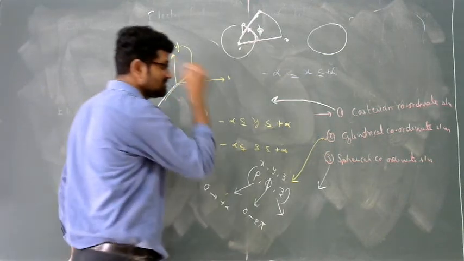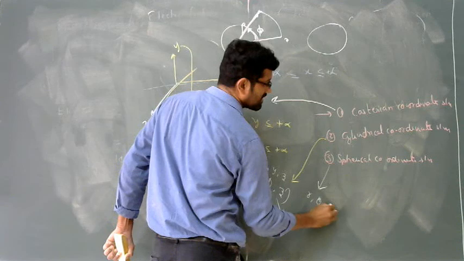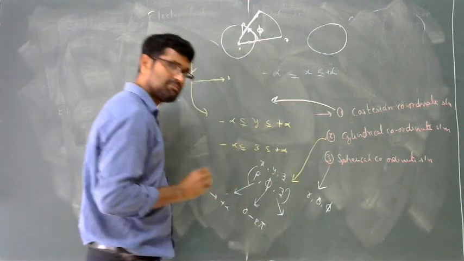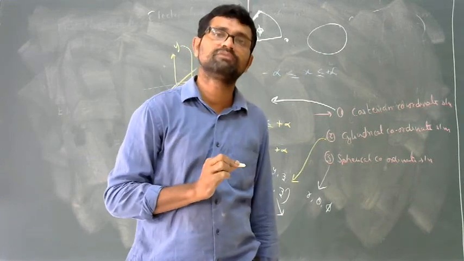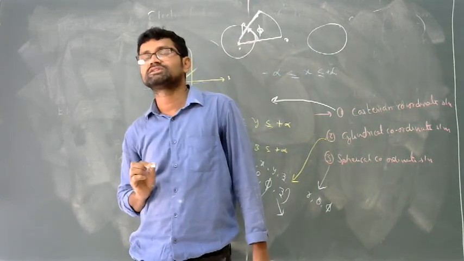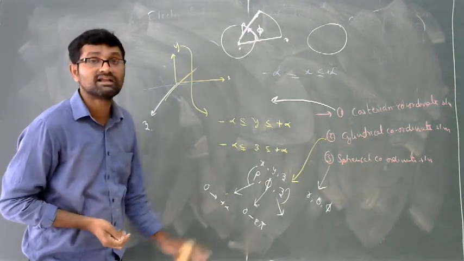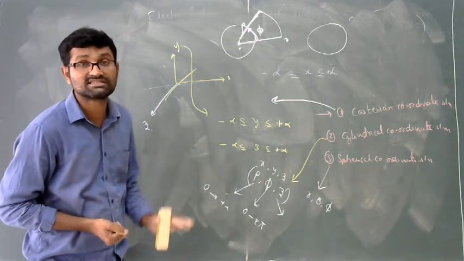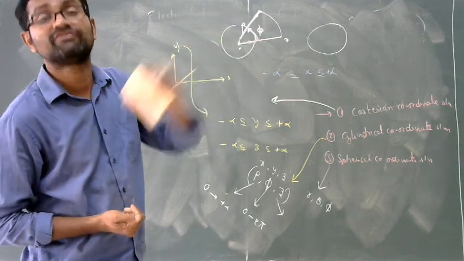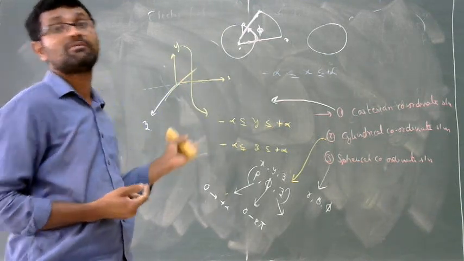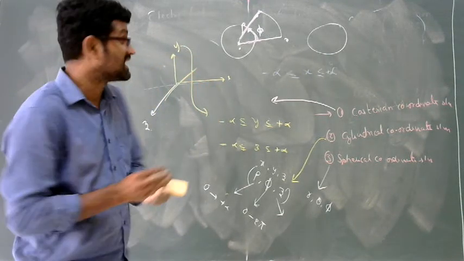In the spherical coordinate system, the axes are r, theta, phi. Phi is the angle made from the positive x-axis to the radius path, as before. Theta is the angle of that point measured from the other axis, the z-axis.